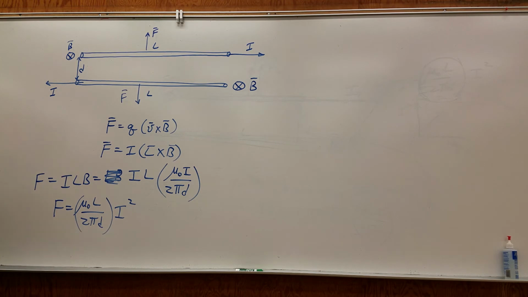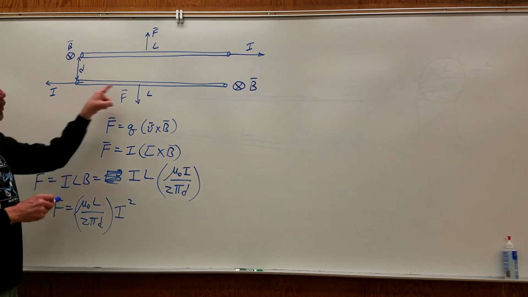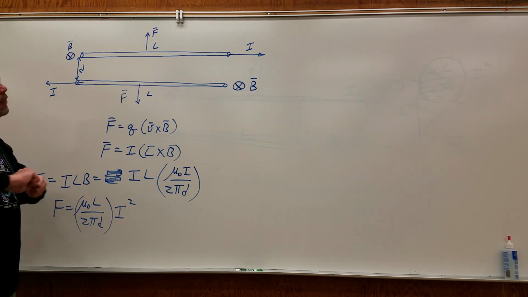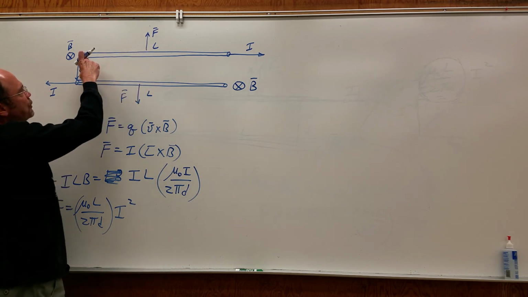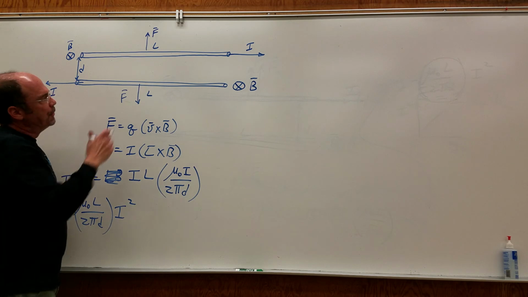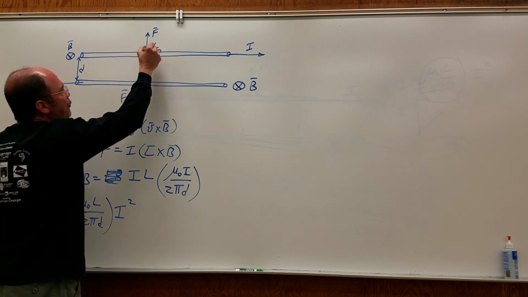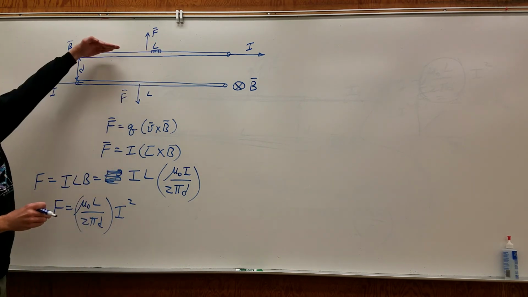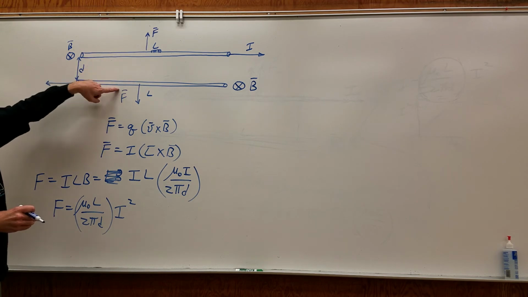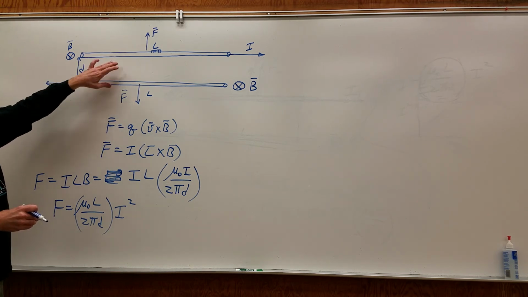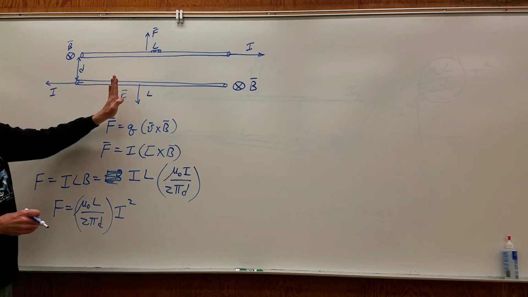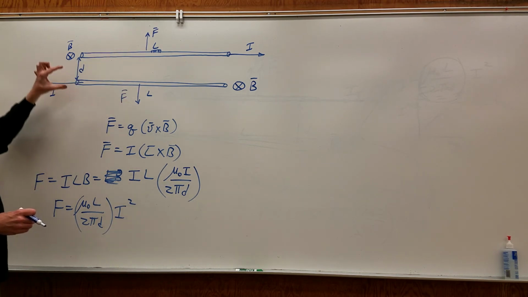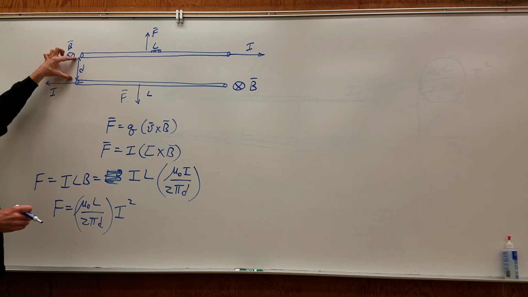Now the goal of the experiment: this wire is stationary, this wire is movable. So you'll measure distance d, that'll be your equilibrium position, and then you'll simply put a small mass on here. That will cause this wire to move down slightly to get closer to the stationary wire, and then you'll put current through the system to allow this force to push the wire back up until you reach equilibrium position d again.